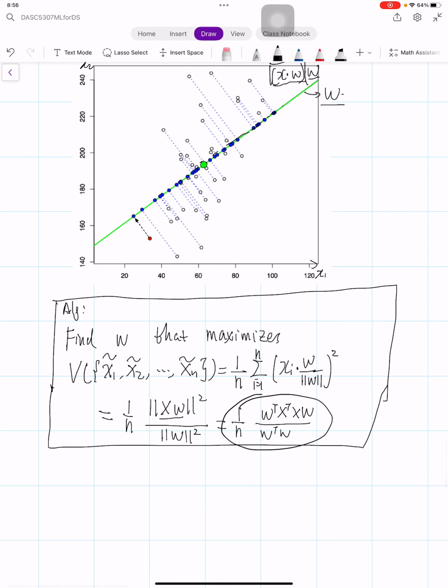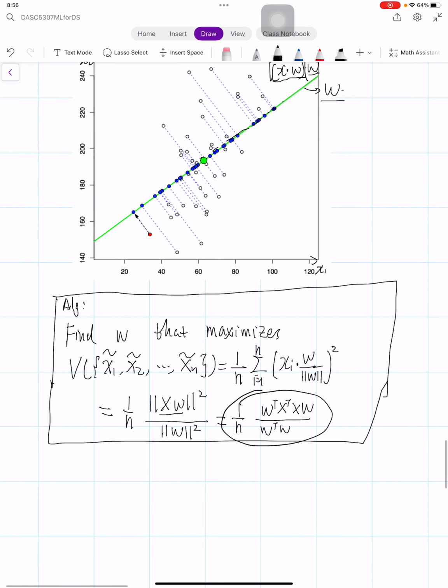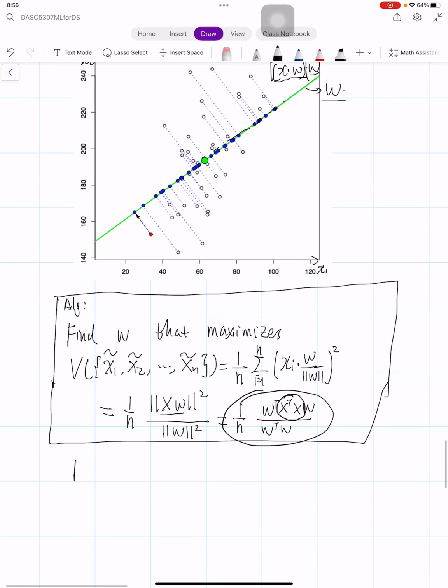Actually, by the eigenvalue decomposition, the eigenvector with the largest eigenvalue lambda d, vd, is the W.